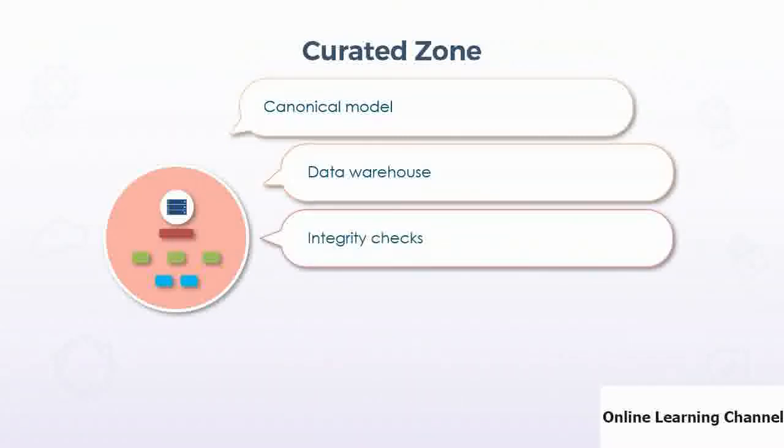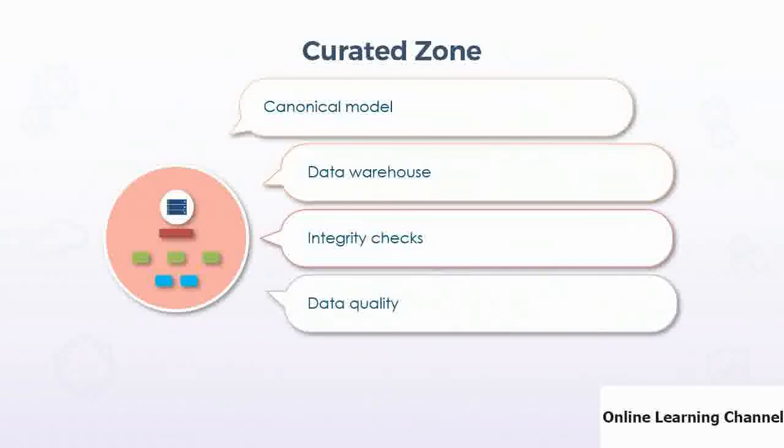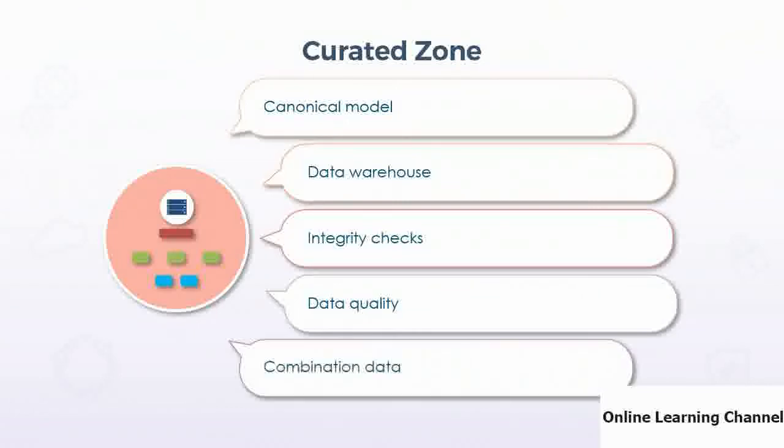Integrity checks for referential integrity and missing data are run at this zone to ensure data consistency and reliability. Because data has already been assessed for quality, data in this zone is consumer ready. Data in the curated zone is subject to being combined from multiple sources, so the data catalog must be updated to reflect the sources and the net effect of the combination for consumers to fully understand the implications.